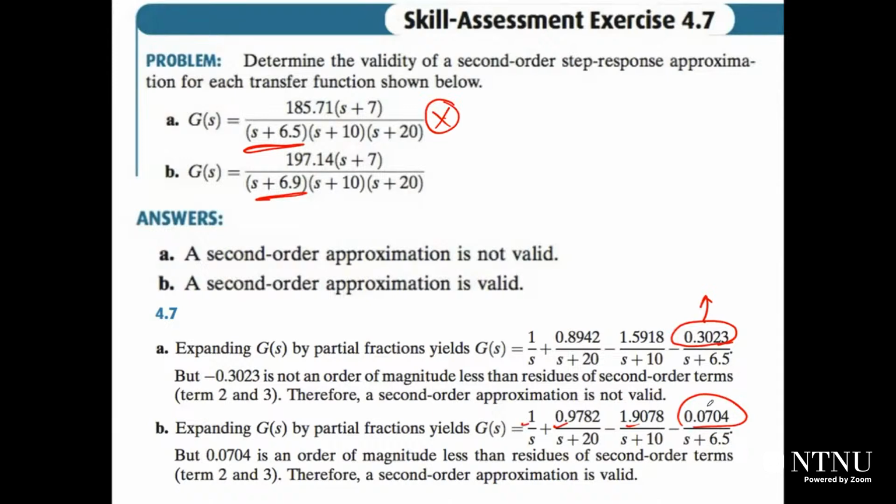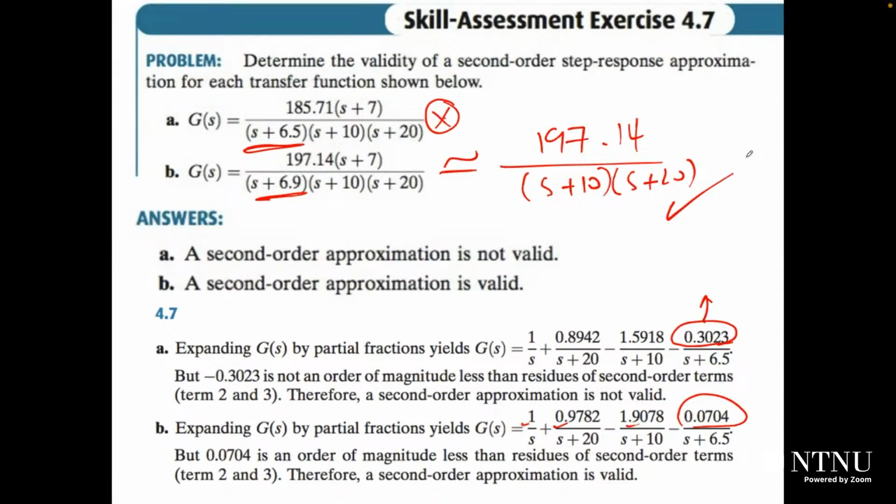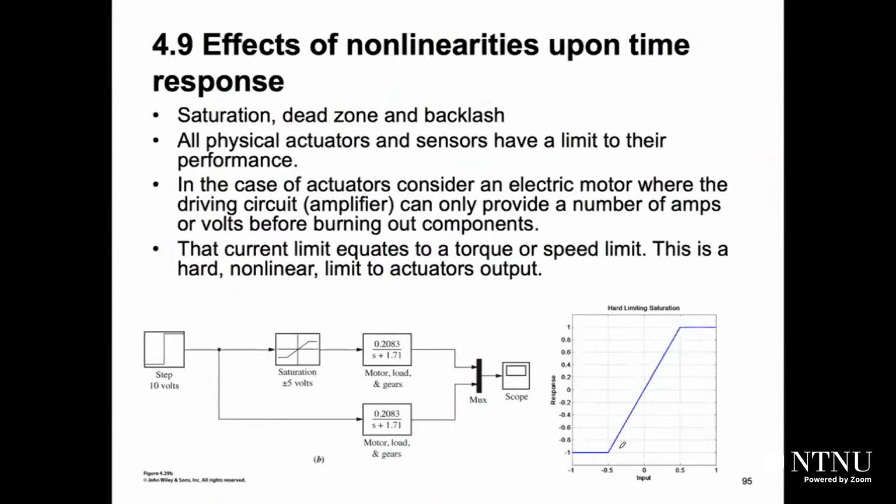So it's insignificant, in fact. So we can just simplify this system as 197.14 divided by S plus 10 multiplied by S plus 20. This approximation will be valid, right? It's a good approximation because this zero will cancel this pole. So the approximation here is valid.